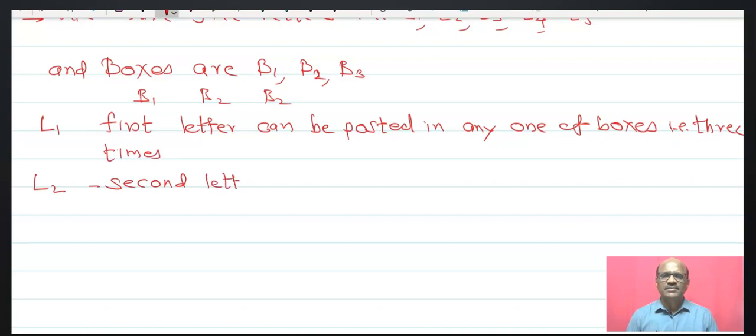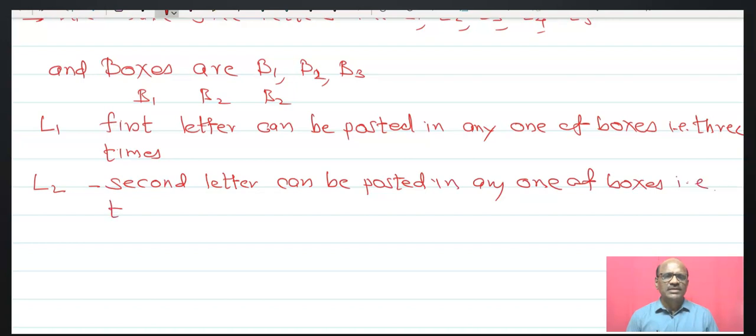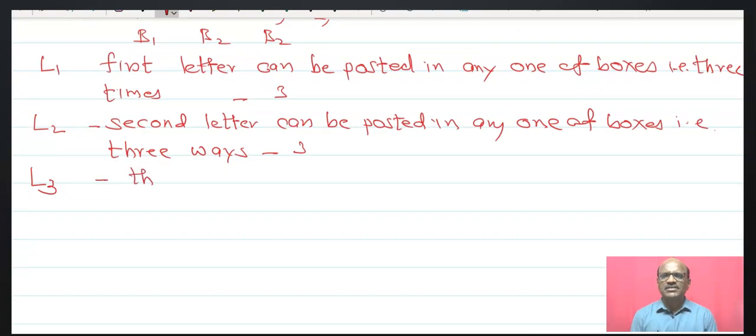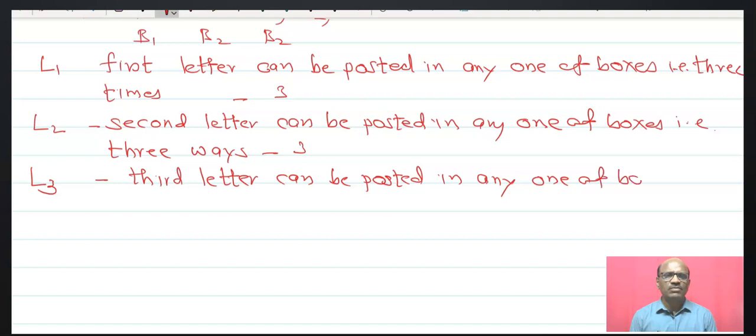The second letter can be posted in any one of the boxes. That is, again we can put it in B1, B2, B3. That is, we again have 3 ways. The third letter, L3, can be posted in any one of the boxes. That is 3 ways.